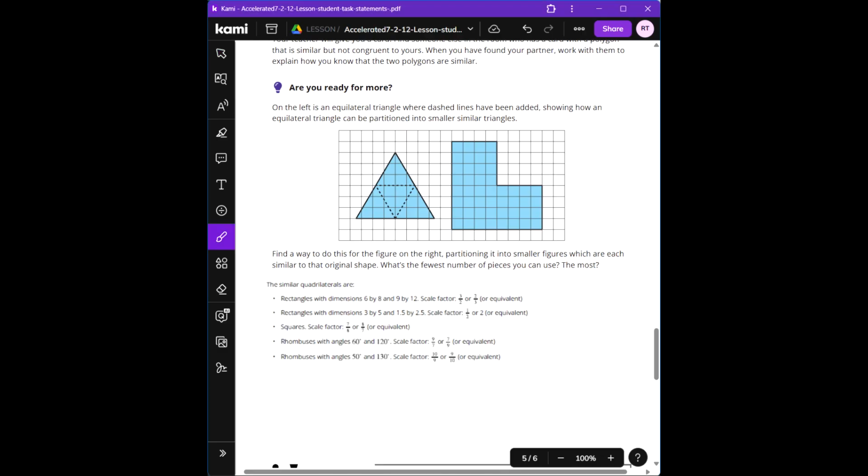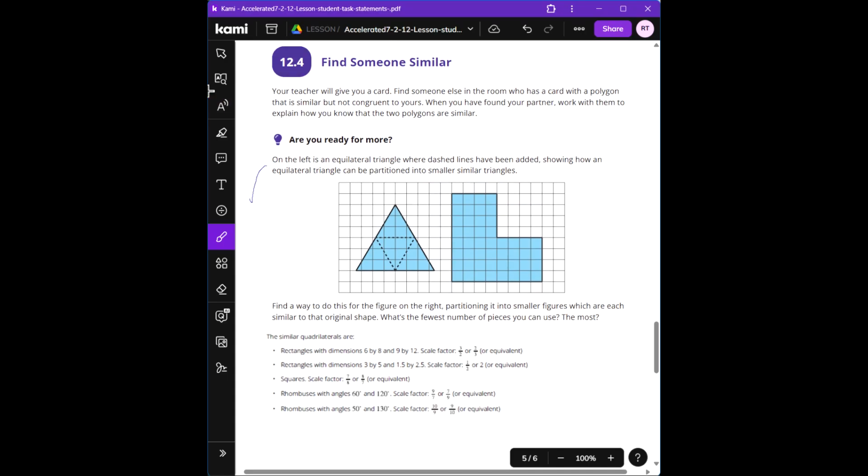I went ahead and put the information down here at the bottom, so you can take a look at that.